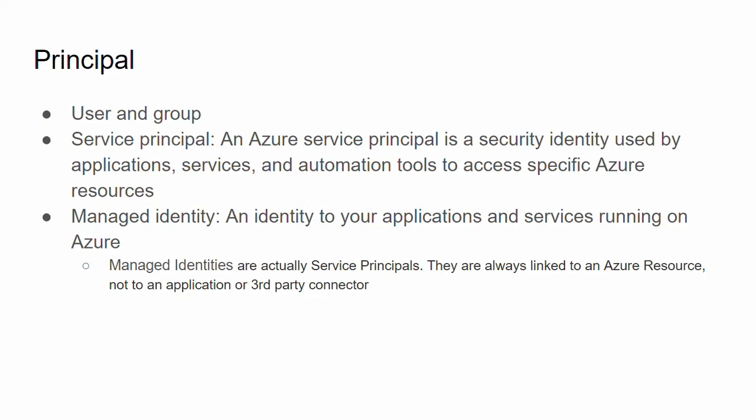If the service principal is created by an outside application, some outside thing running and accessing the REST API, then that's a service principal. If that service principal resides within Azure, something created by Azure, this is also called managed identity.